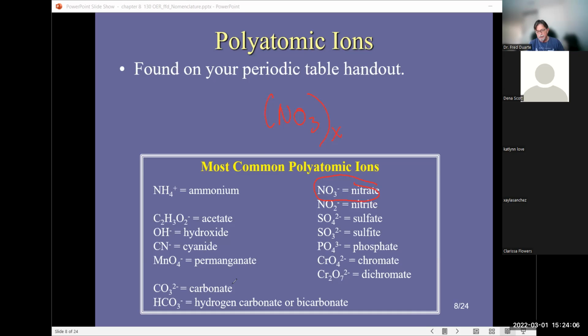We don't change that name to nitrogen trioxide or anything like that, okay? Its name is nitrate. That's it, nitrate. Then we get the nitrite and so forth. All right, so the names don't change. And if we need to add more than one, we put a parentheses around the polyatomic ion with a subscript to designate how many we need that are more than 1.